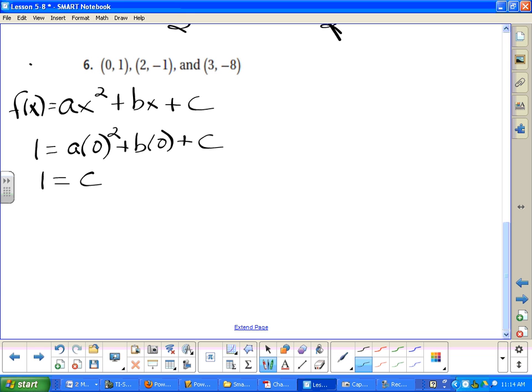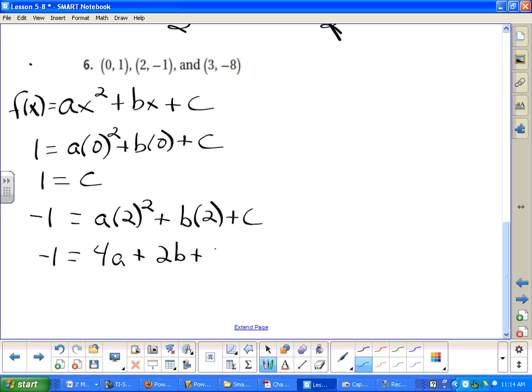All right, that's a benefit. Pretty easy then, because we're only going to have 2 equations instead of 3. And I'll take the second point, put negative 1 in for y and 2 in for x. So in this case, we get negative 1 equals 4a plus 2b plus c.